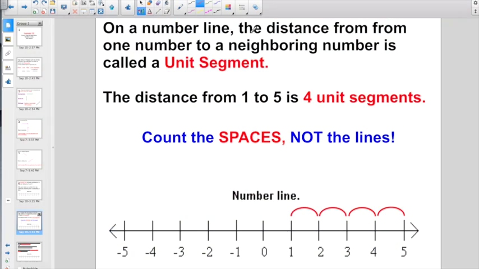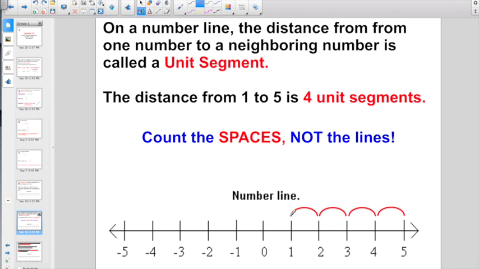On a number line, the distance from one number to a neighboring number is called a unit segment. The distance from 1 to 5 is 4 unit segments. You have to count the space. This area in between is the unit segment.